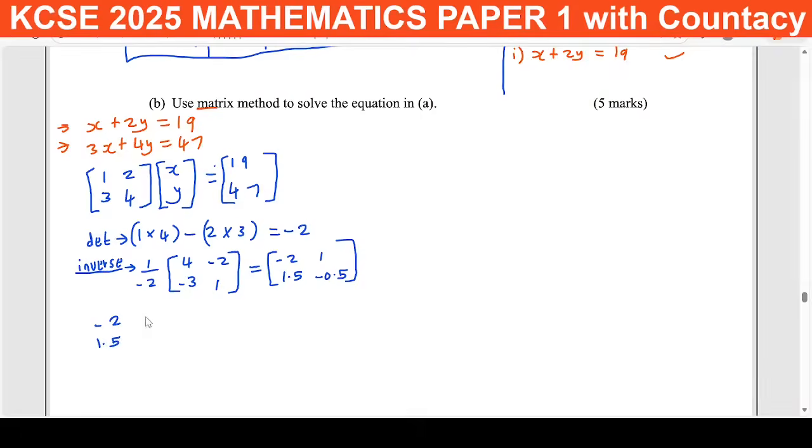I believe that it is becoming much easier for you. We have negative 0.5. If it seems to be becoming harder, maybe once we are done with all of it, you'll see how simple it was. So this is now the inverse of the matrix.